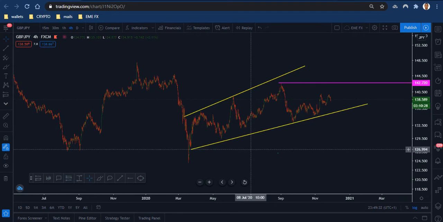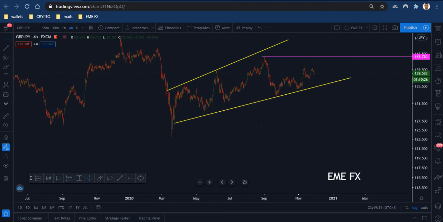So just to cap what we have on GBPJPY, I'm anticipating a sell-off, a possible double top scenario, and we find our entry below for a sell-off down to these lows.